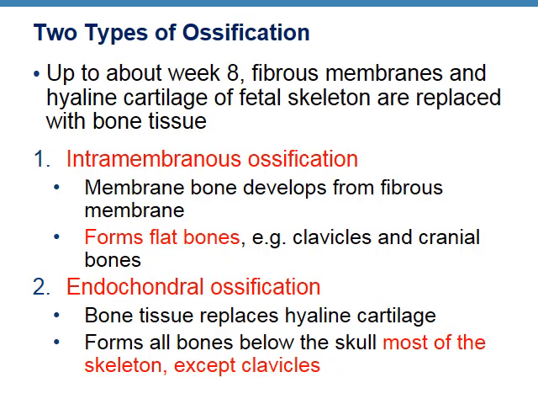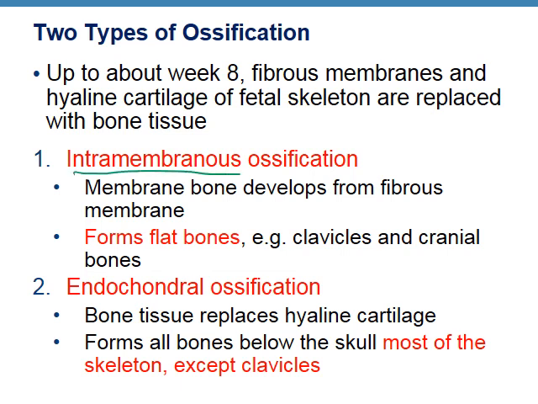There are two types of ossification depending on what type of bone is going to form. Up to about 8 weeks, you're going to see this process where we have fibrous membranes and hyaline cartilage in the fetal skeleton that are going to be replaced with bone tissue. So remember, all bone originated from cartilage. Basically, what's on this slide is the majority of what I need you to know. I'm going to walk through the steps of each ossification process, but you can just write a general big picture.